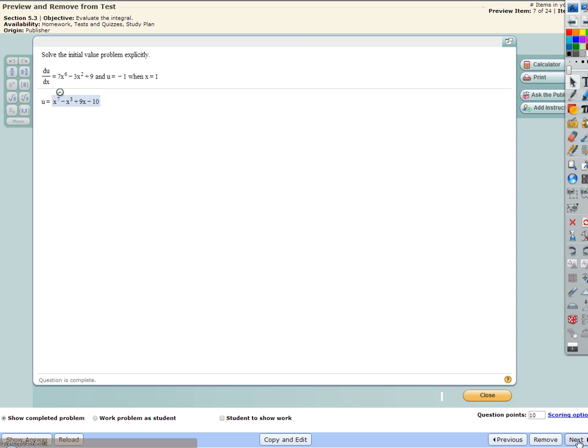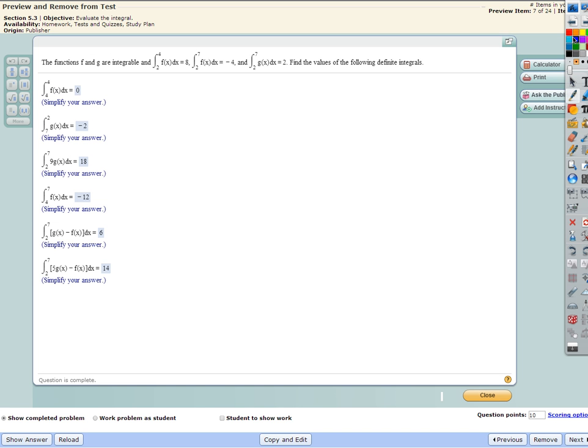So let's pick one of the harder ones here. What if we wanted to do the integral of g of x dx? Okay, here's one. Let's do this guy, 7, 4. This is a good one. So what if we want to add up the area under the curve from 4 to 7?